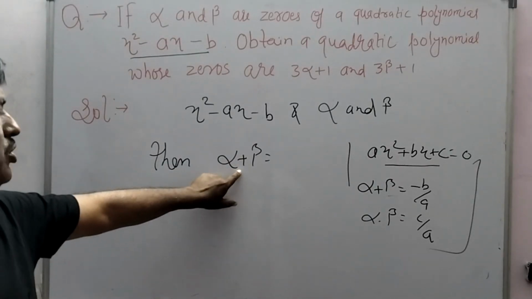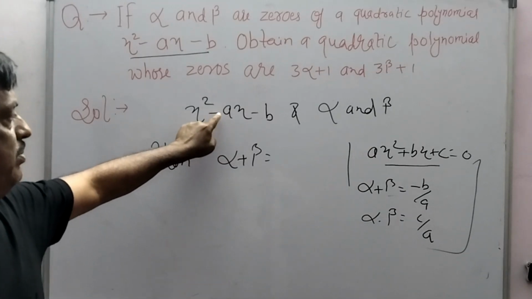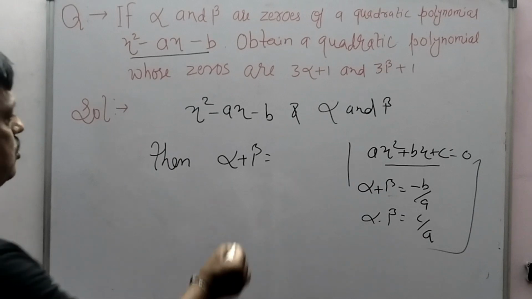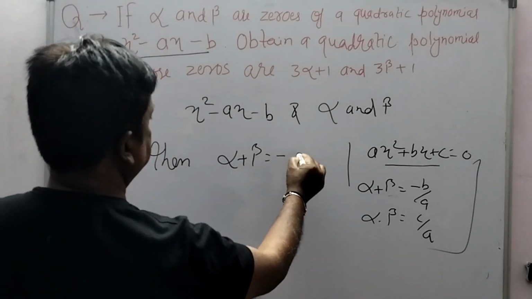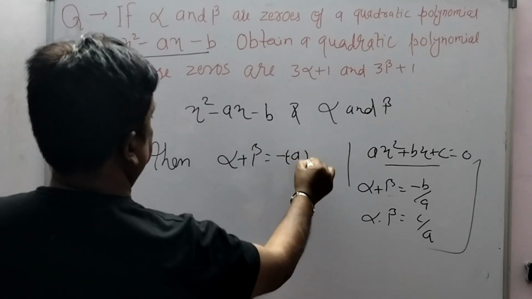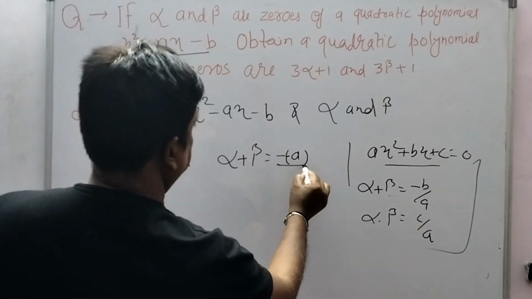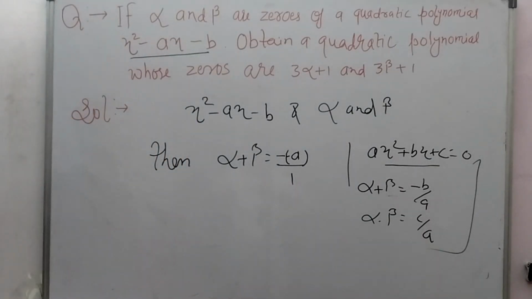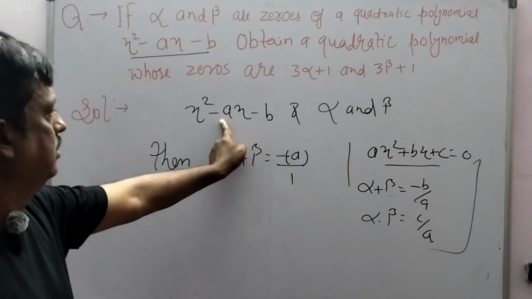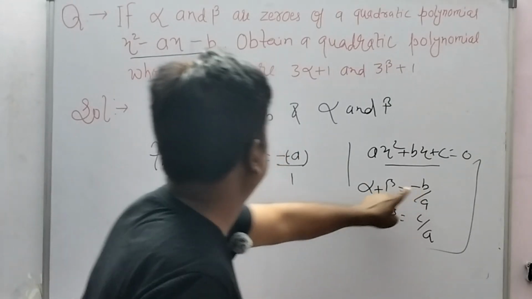Alpha plus beta means the sum of the roots, which is minus b by a, that is, minus the coefficient of x divided by the coefficient of x square. Here the coefficient of x square is 1 and the coefficient of x is minus a, so alpha plus beta equals a. Alpha into beta, the product of the roots, is c by a, where c is minus b and the leading coefficient is 1.